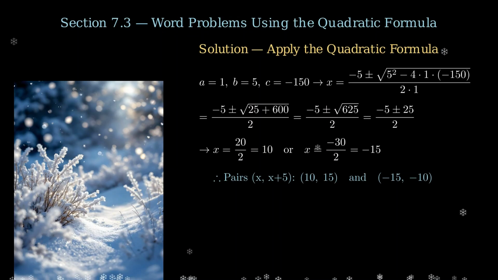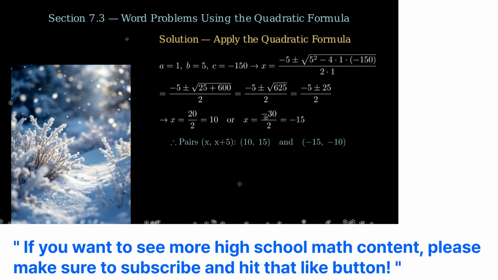The square root of 625 is 25. This gives two cases for x, resulting in x equals 10 or x equals negative 15. Adding 5 to each to find the higher numbers, our final pairs are 10 and 15, and negative 15 and negative 10.